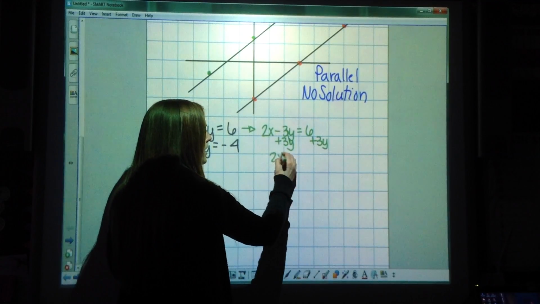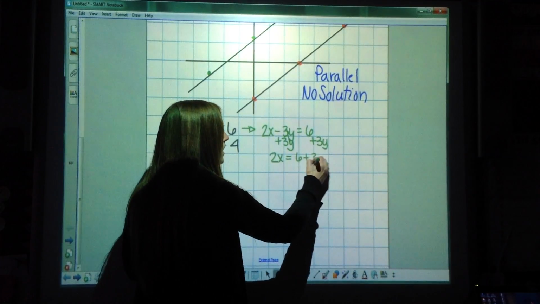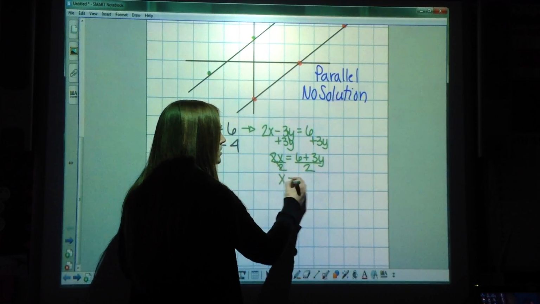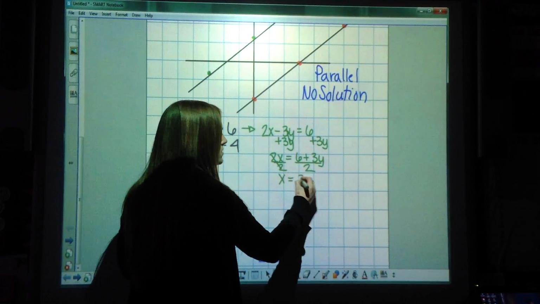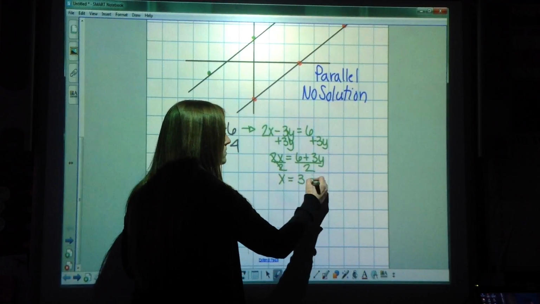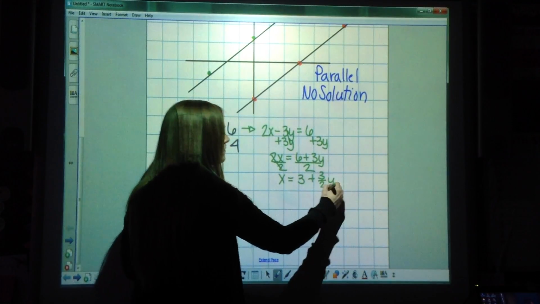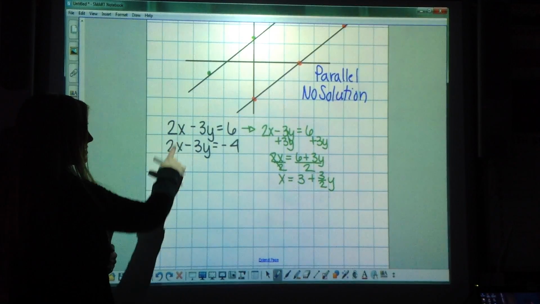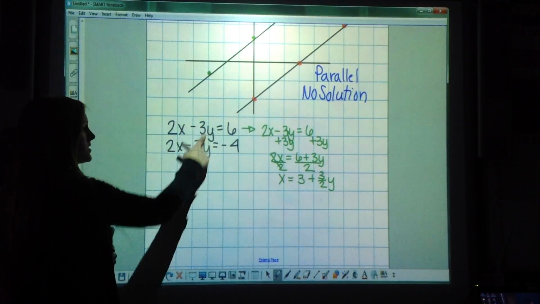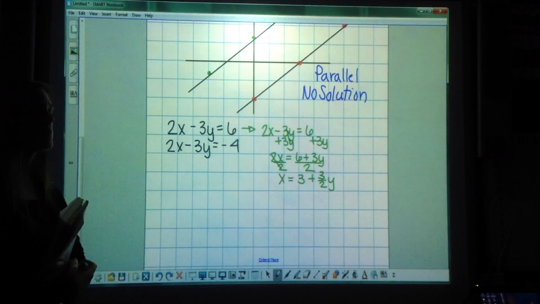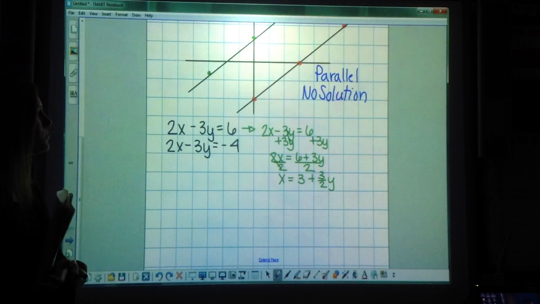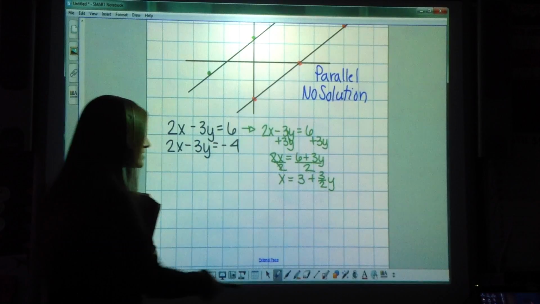So I get 2x equals 6 plus 3y. Divide both sides by 2. 6 divided by 2 is 3. 3 divided by 2 can't do it, so I'm going to leave the fraction. Because all of these have a coefficient, this is not the easiest method you should be choosing, because you have to work with fractions, but you'll still get an answer.